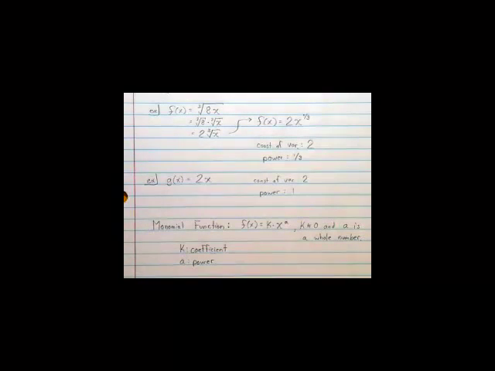So, I might ask you, okay, is the following power function a monomial function? And if so, identify the coefficient and the power. So, of these first two, are they both monomial functions or not, based on that definition? No? Is either one of them? Second one is.